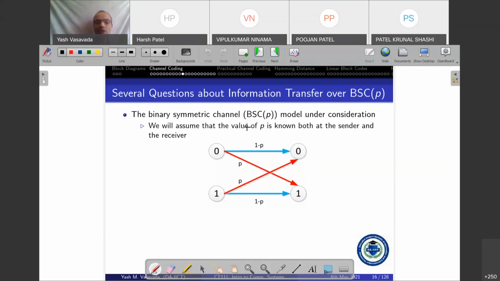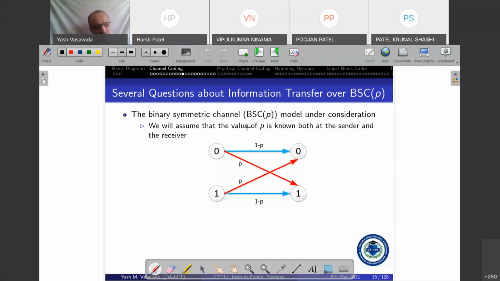They both know the value of P. You may ask, how is that possible? Well, there are some engineering designs by which this value of P is approximately known. We are not going to get into that part of the communication system engineering, but the value of P can be known somehow.